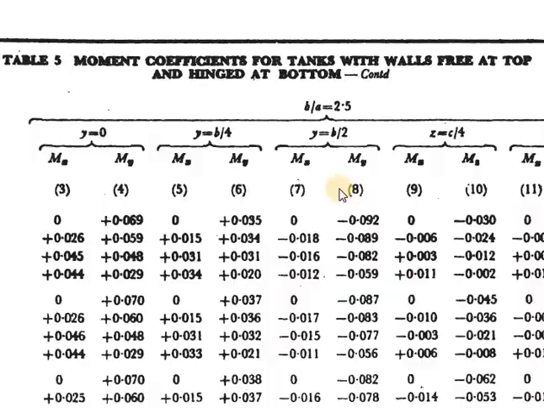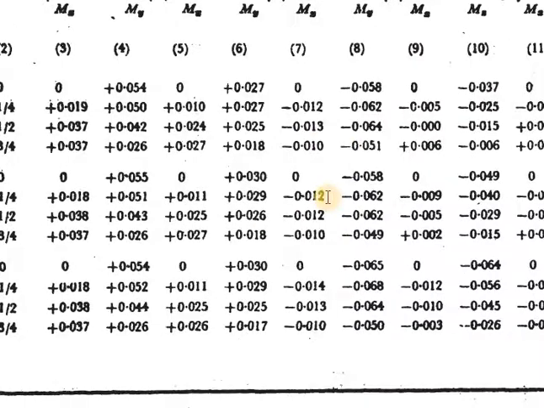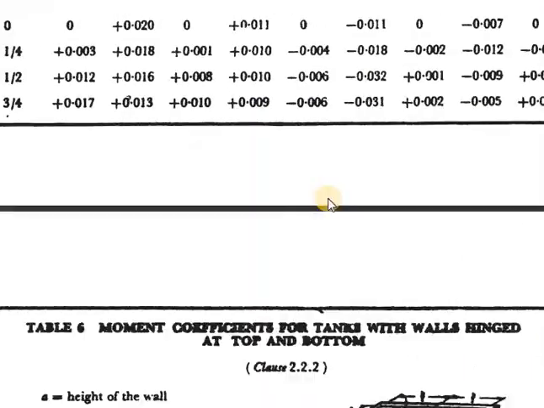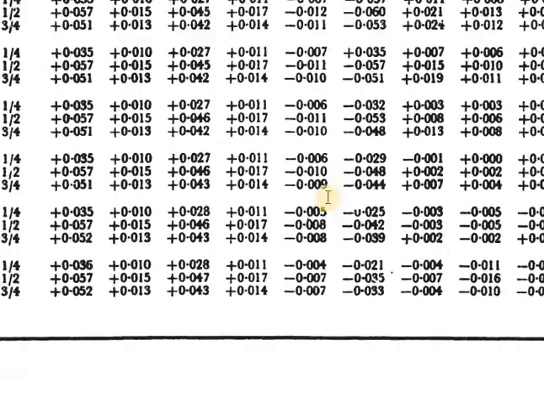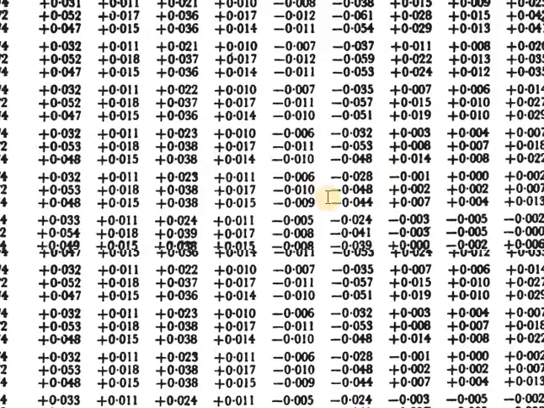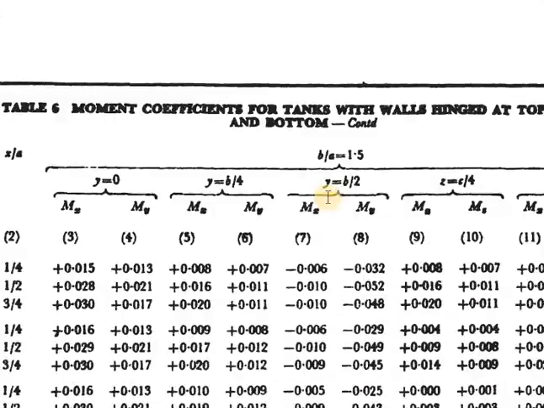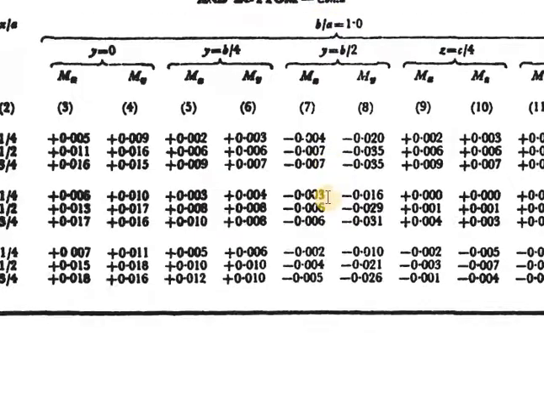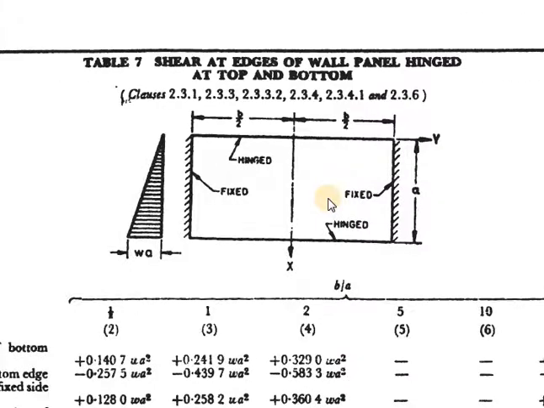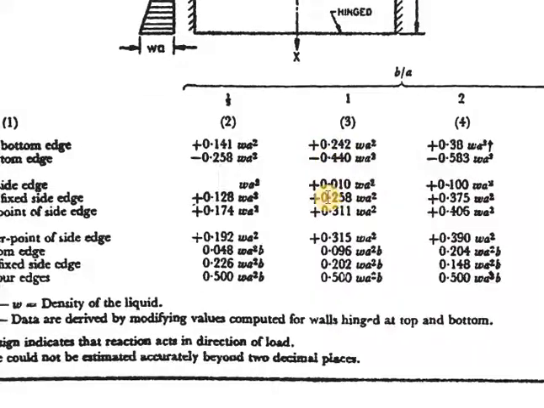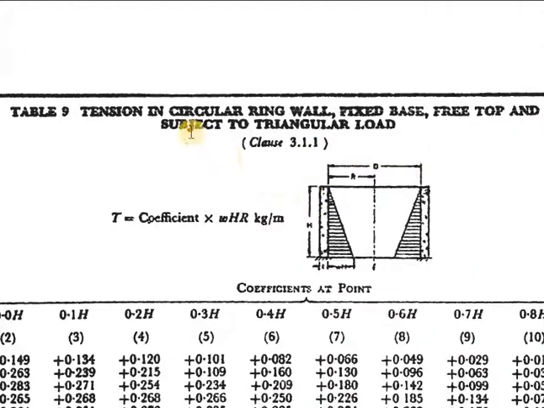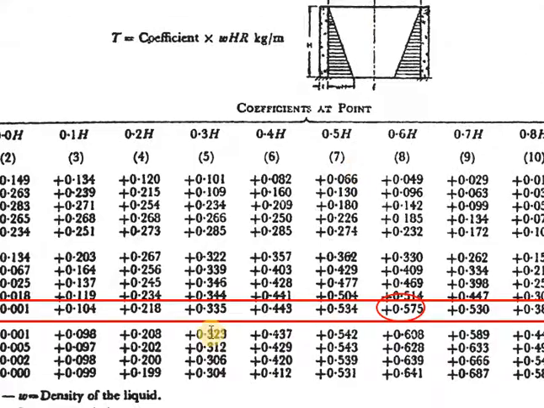These are all rectangular tanks. Circular tanks are on the way. Which table is it? Coming to that. Yeah, this is the one: circular tank fixed at base, free at top.